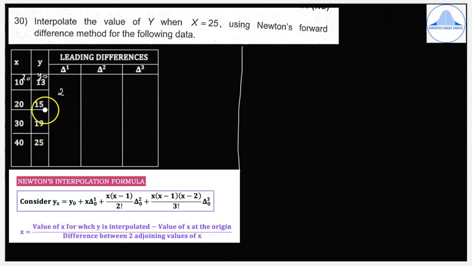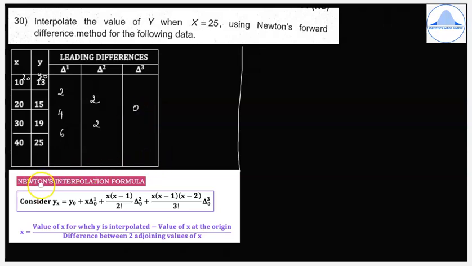Similarly, 19 minus 15 is 4. 25 minus 19 is 6. Similarly, the second leading difference is 4 minus 2 is 2. 6 minus 4 is 2. Then the third leading difference is 2 minus 2 is 0. We stop the leading differences table when we reach only one value.